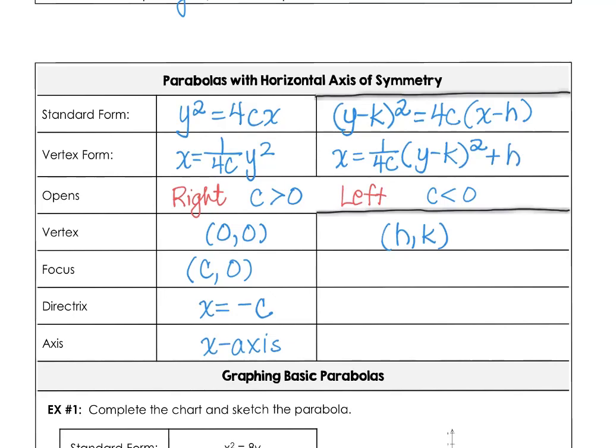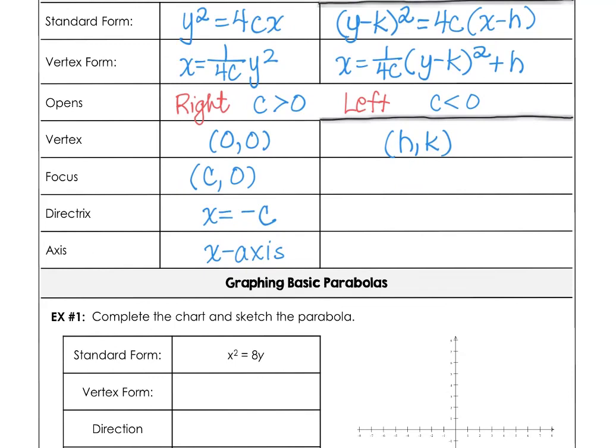The openings would still be the same, right if c was positive and left if c was negative. For the focus, we would add the c value to the x coordinate, and for the directrix, we would have the x coordinate minus the c value, and the axis of symmetry would be the y value.